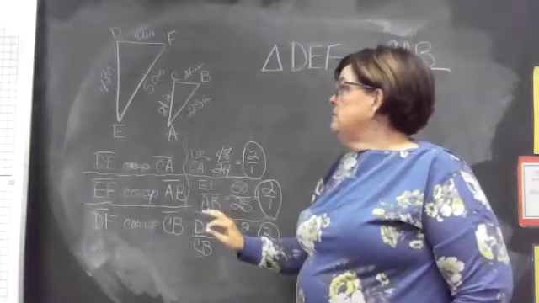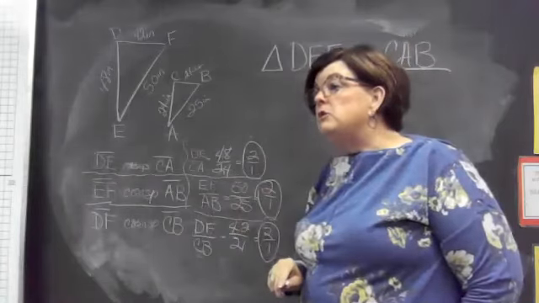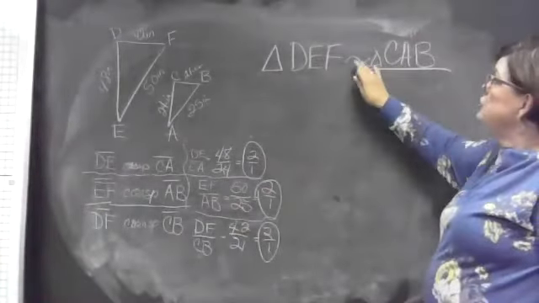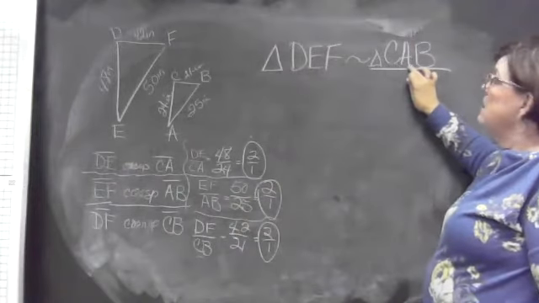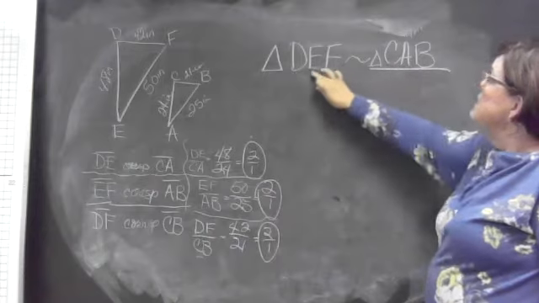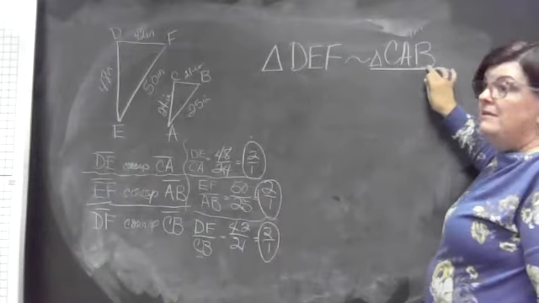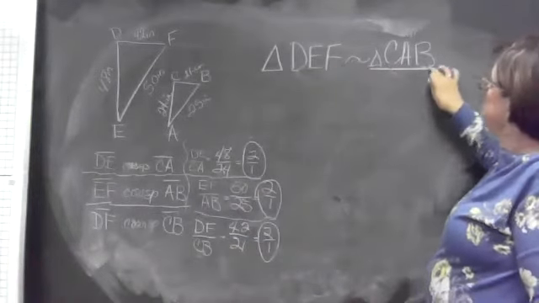All they want is to know that you know which sides correspond with each other and you can write them in the correct order. Because when you have a similarity statement, the DE has to match the CA. The EF has to match the AB. And the DF has to match the CB.